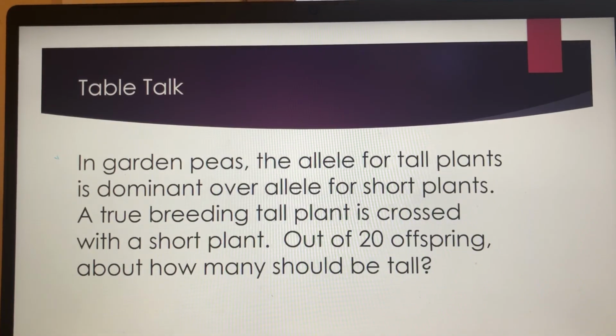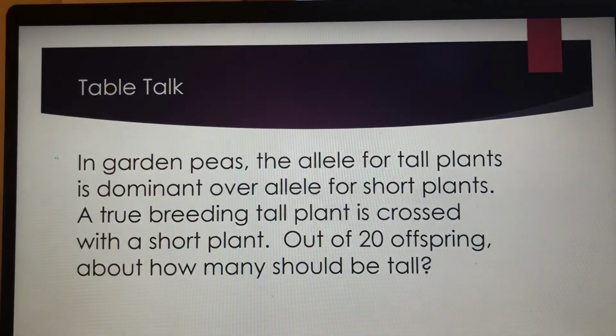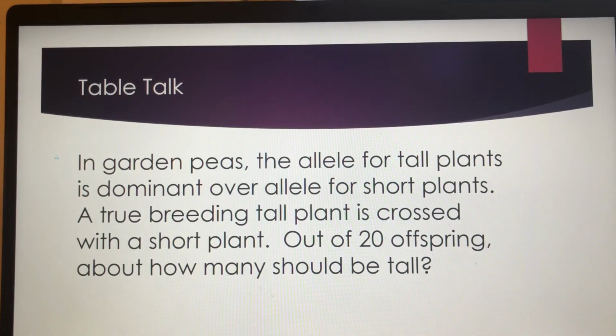Well, we know true breeding tall means you've got to have two big T's, crossed with a short plant. Short is recessive. So you've got to cross something like this: big T big T, little t little t. And when you draw your Punnett square, and maybe some of you won't have to draw it for this, but if you need to, again, now is not the time to have the ego to think you're too good for Punnett squares.